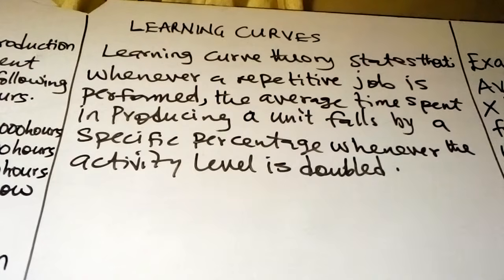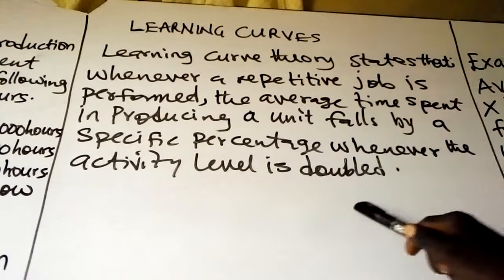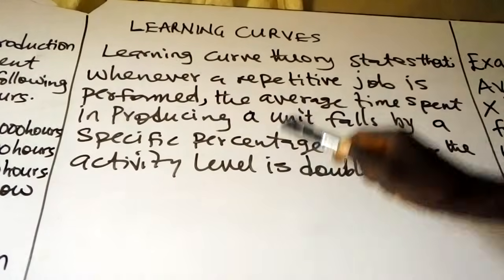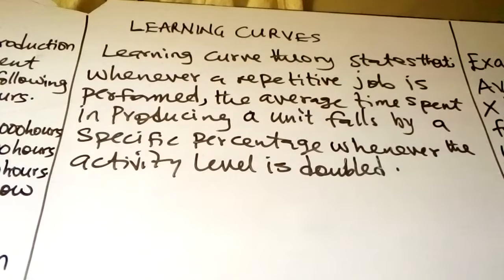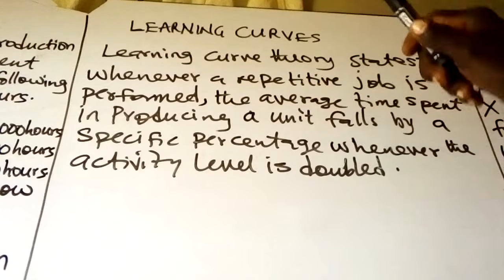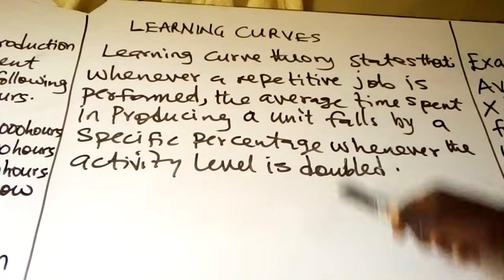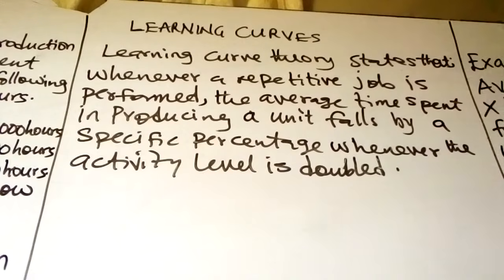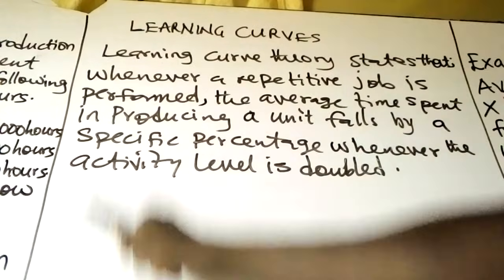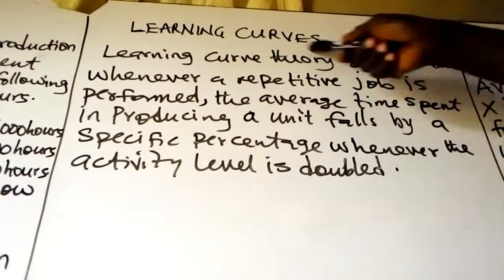This can simply be explained as follows. As the worker carries out a repetitive task, number 1, his dexterity will improve.